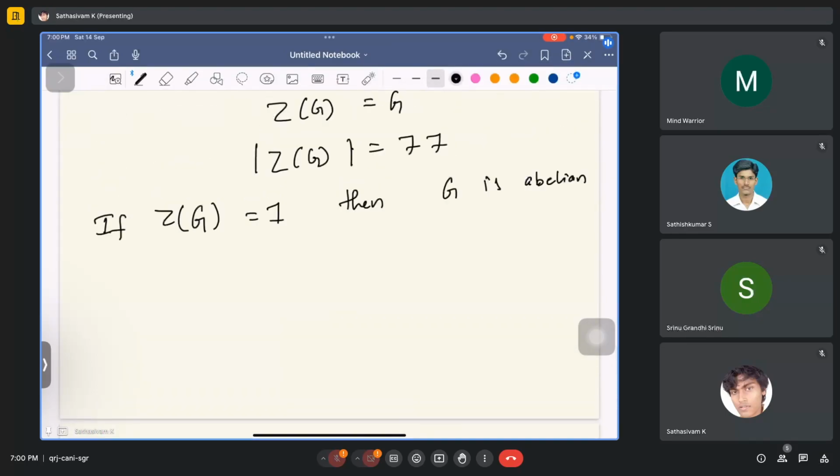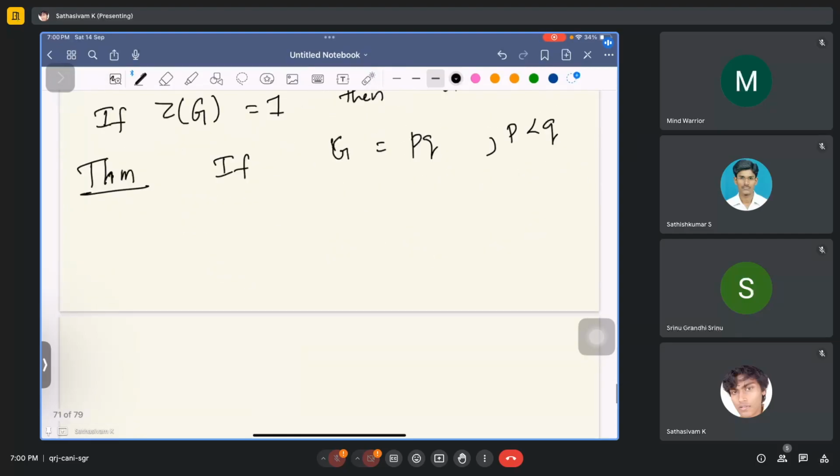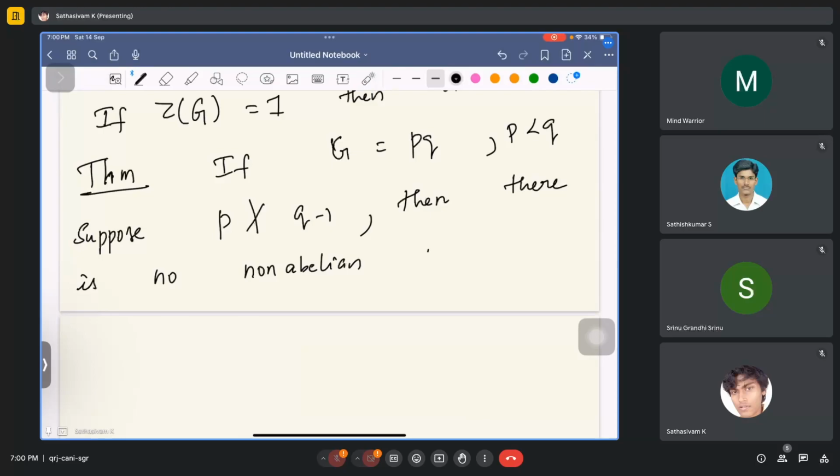But basically what you can prove is, maybe I will write the theorem here. If your group G has order, let's say, PQ, and P is less than Q, without loss of generality I can always assume P is less than Q, and suppose P does not divide Q minus 1, then there is no non-abelian group of order PQ.